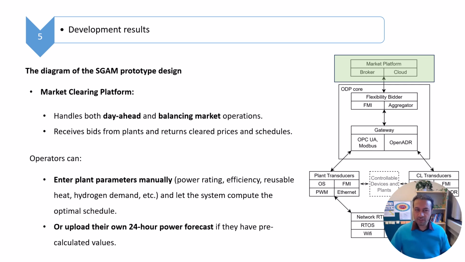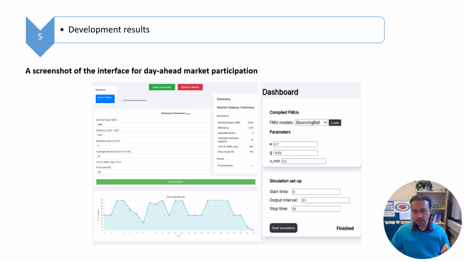We have the market clearing platform for bidding into the day-ahead market, clearing the market, and returning the prices and accepted power. One of the features that we define for our ODP, that you can see here in a screenshot, is that for each type of technology, we can insert different parameters, and then based on these parameters, we can simulate or estimate how much the energy consumption would be next day, and this is what we can bid into the market.